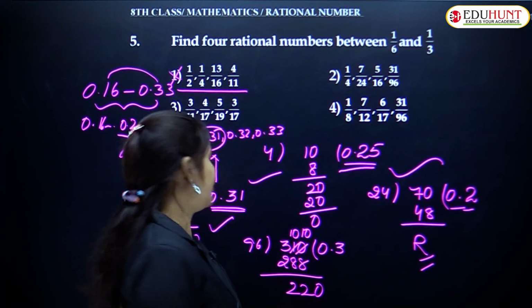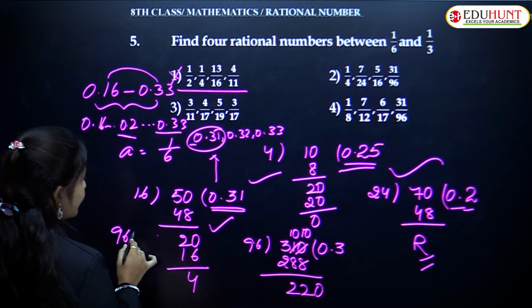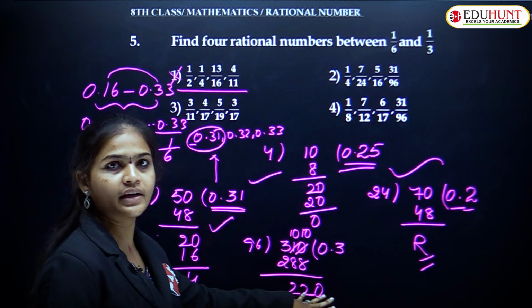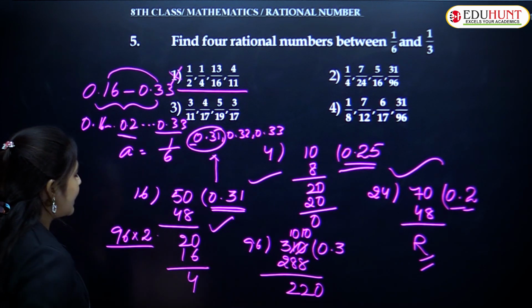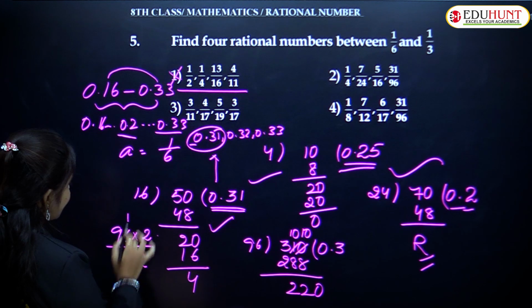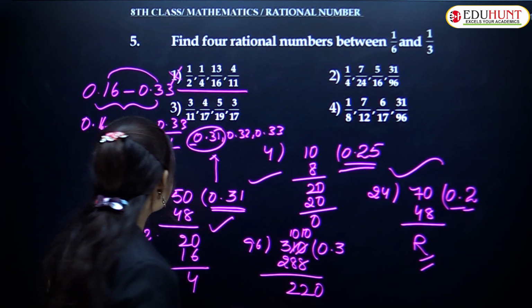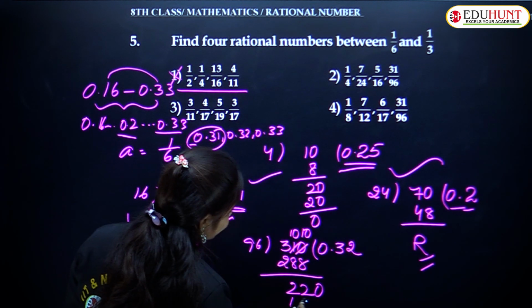So children see here, so here we got 220, no. So that's why we have to check that 96 into 3 means we are getting 288. So that is more than 220. So that's why we have to go for 2. So 96 into 2. So how much will we get here? 2 6s are 12 and 2 9s are 18 plus 1 is 192. Okay, so 96 into 2 is equal to 192.